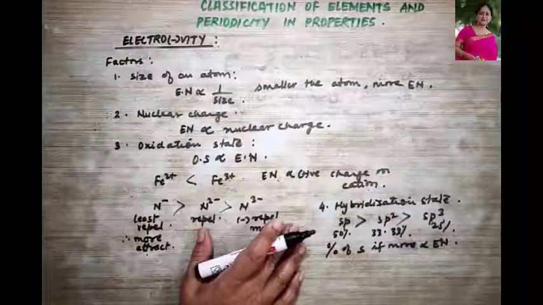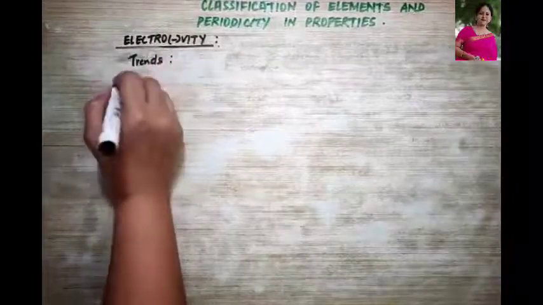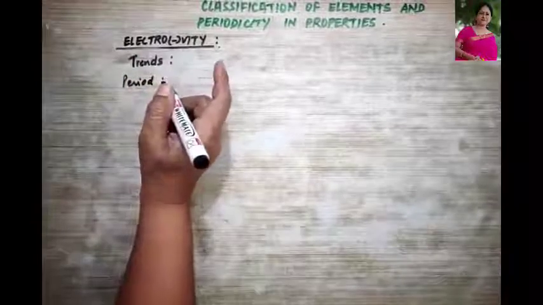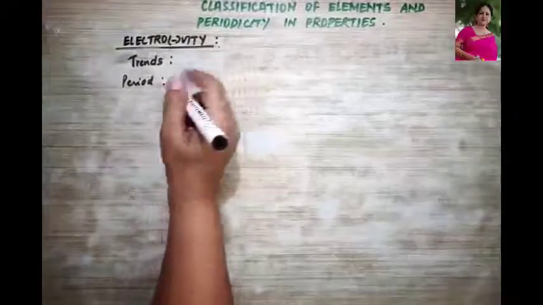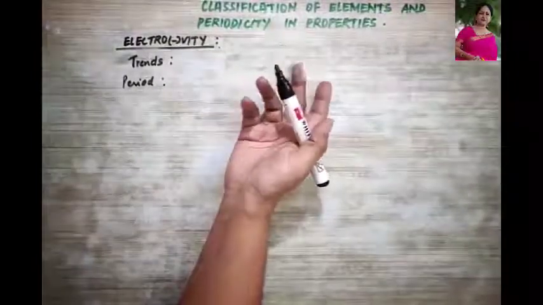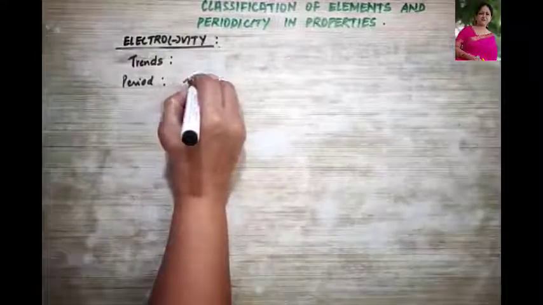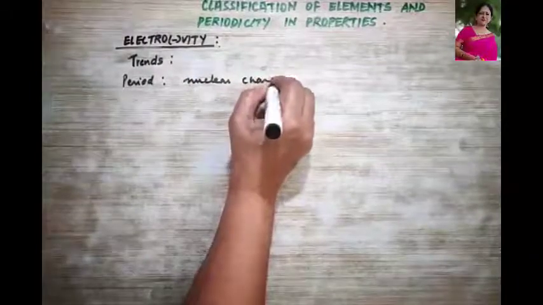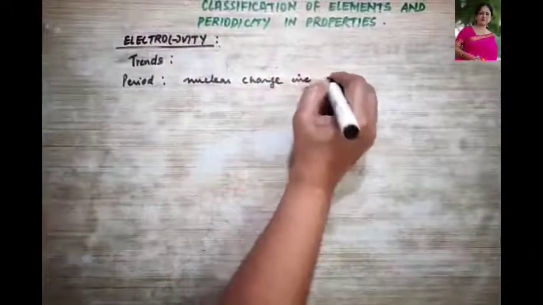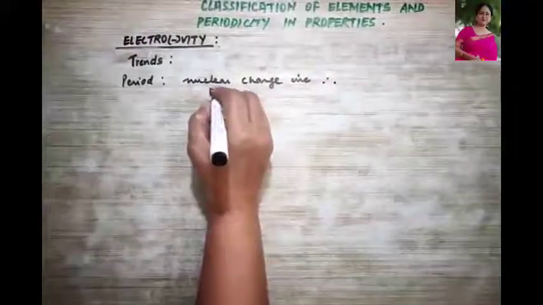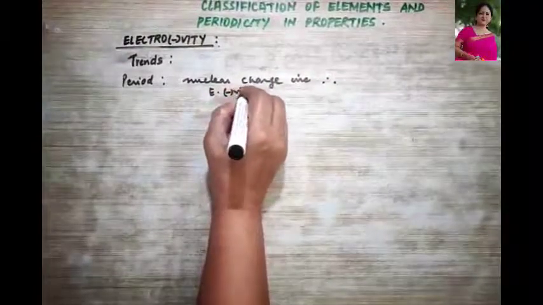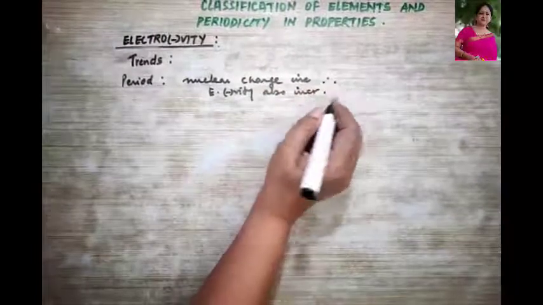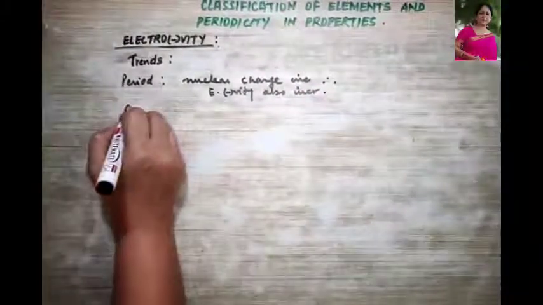Now next we are going to talk about their trends. In a period, electronegativity will increase. Why? Because the nuclear charge is increasing. Nuclear charge increases, therefore electronegativity also increases. Clear? Then what about in a group?